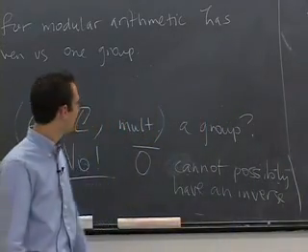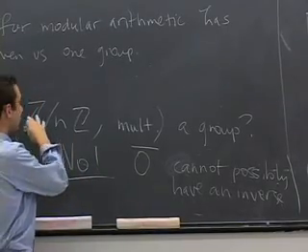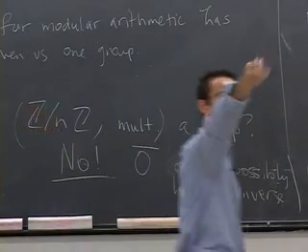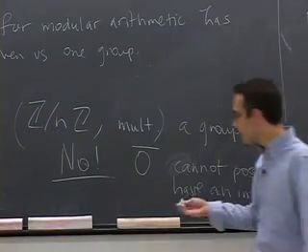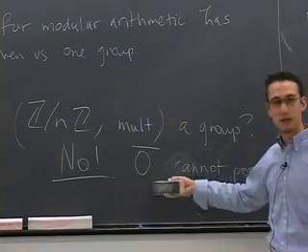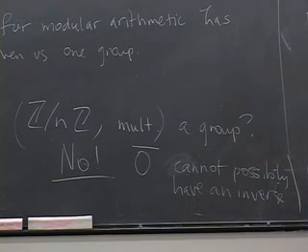But can somebody see a subset of Z mod NZ which gives a group? Go ahead. Exactly. You just do the simplest thing. The problem here is that there are things which don't have inverses, so you just take the ones that have inverses.